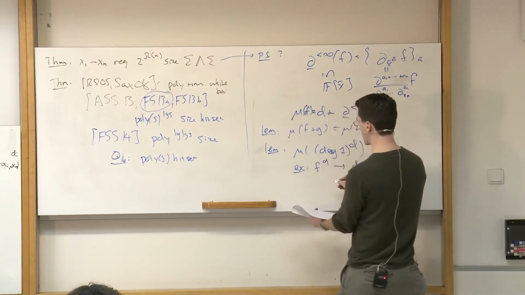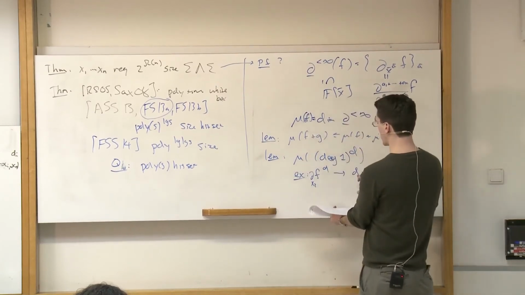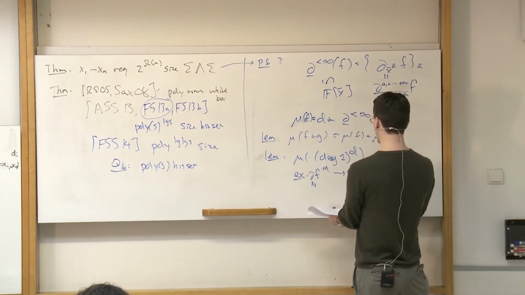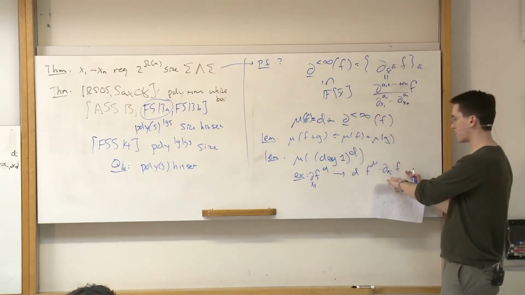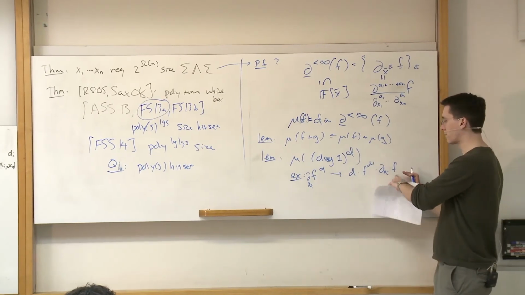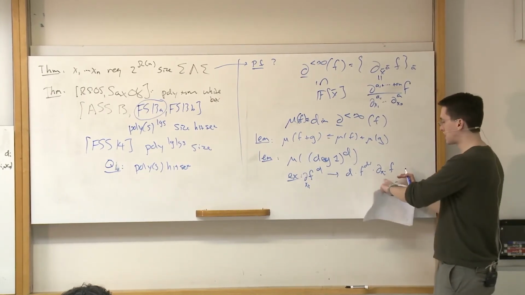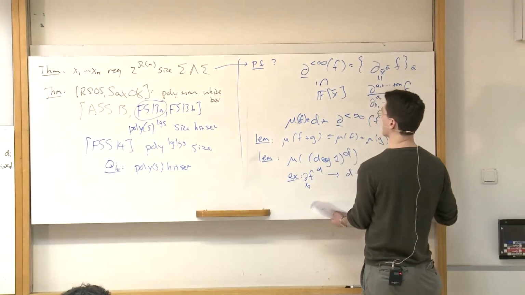If you take a derivative with respect to some variable xi, the d pops down, you get f to the d minus 1, and then you multiply by the partial derivative of f with respect to xi. But if f is of degree 1, this thing is a constant, in your field of scalars.